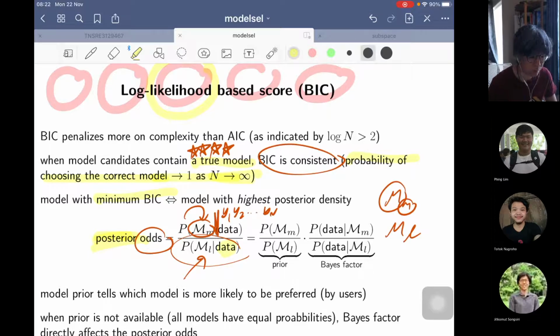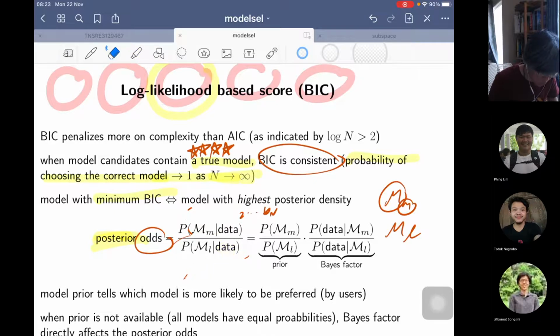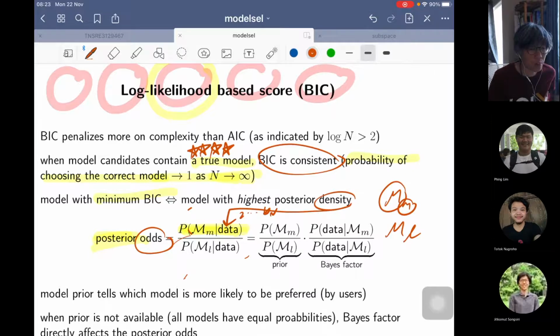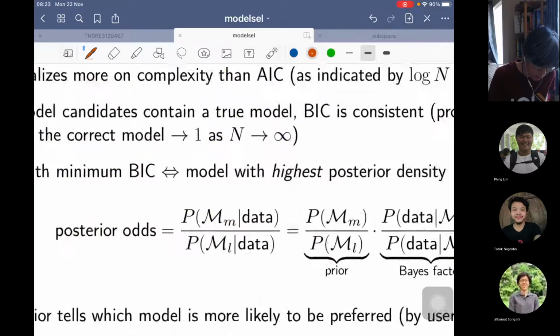Each term is the posterior density, because this is the probability of the model after you observe the data point.